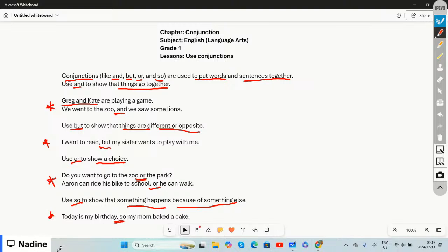It is my birthday, so we're having cake. So this is happening because of that.